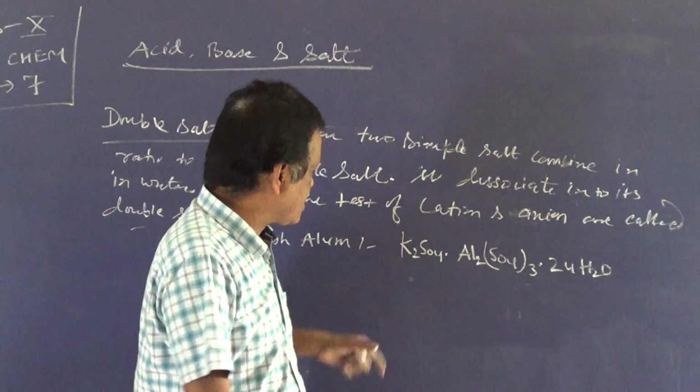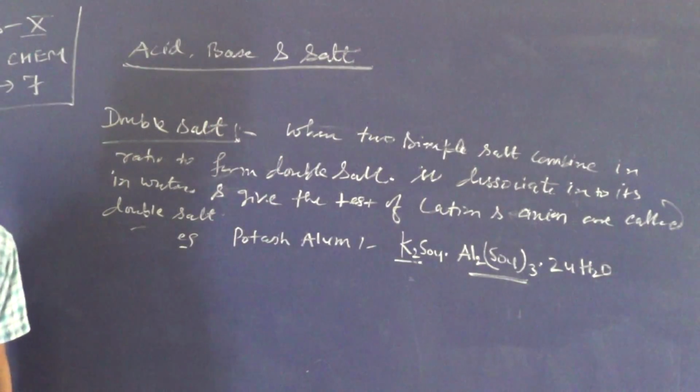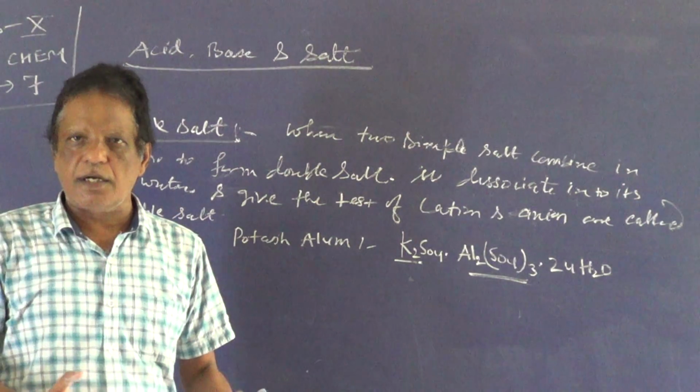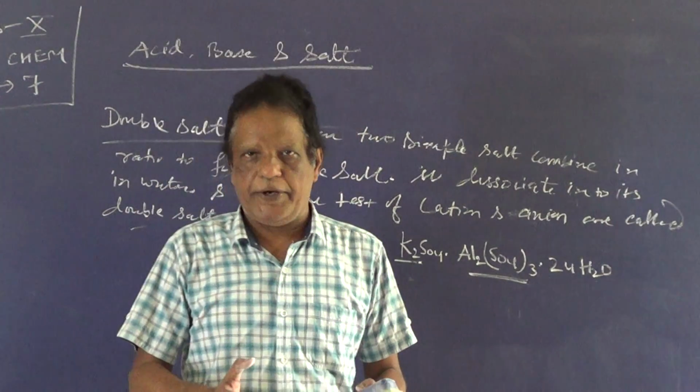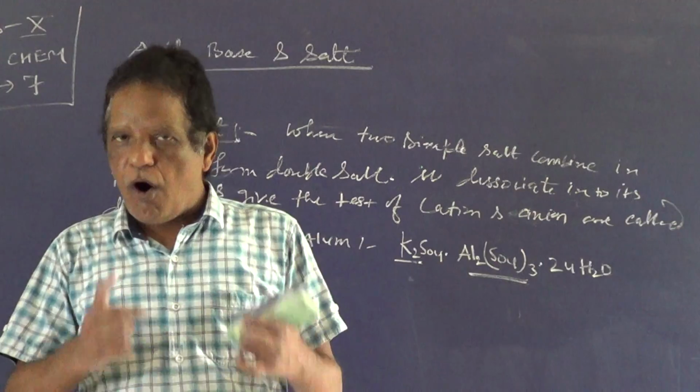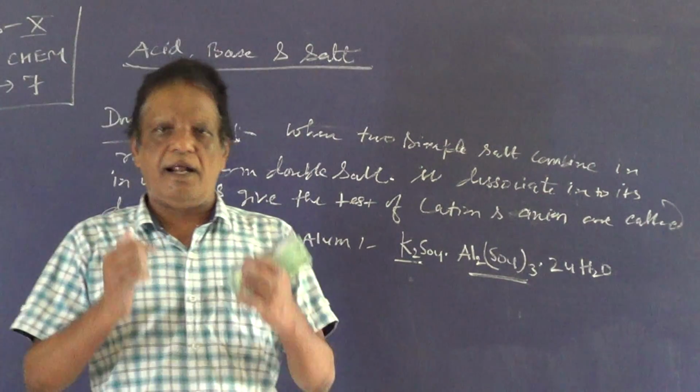So it is the combination of two simple salts, potassium sulfate and aluminum sulfate, formed by the crystallization of potassium sulfate and aluminum sulfate.